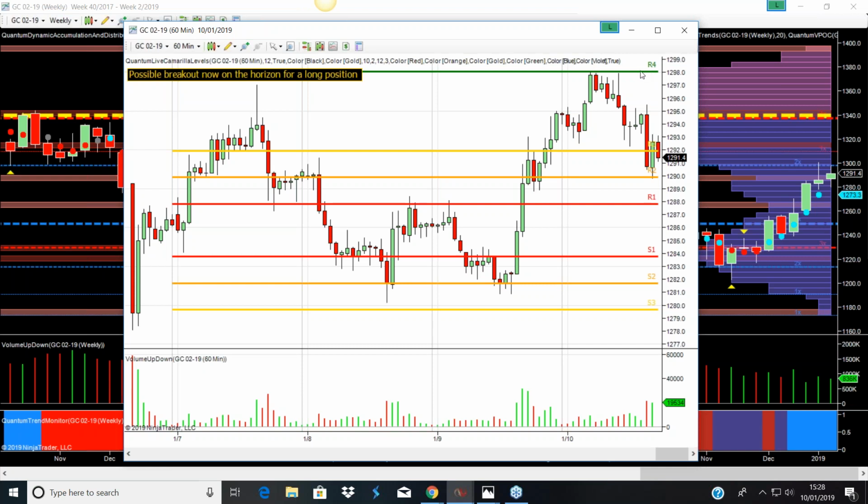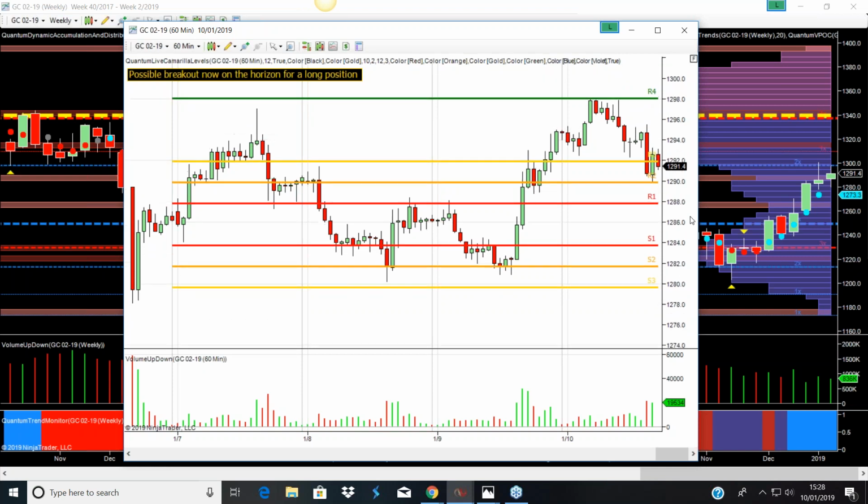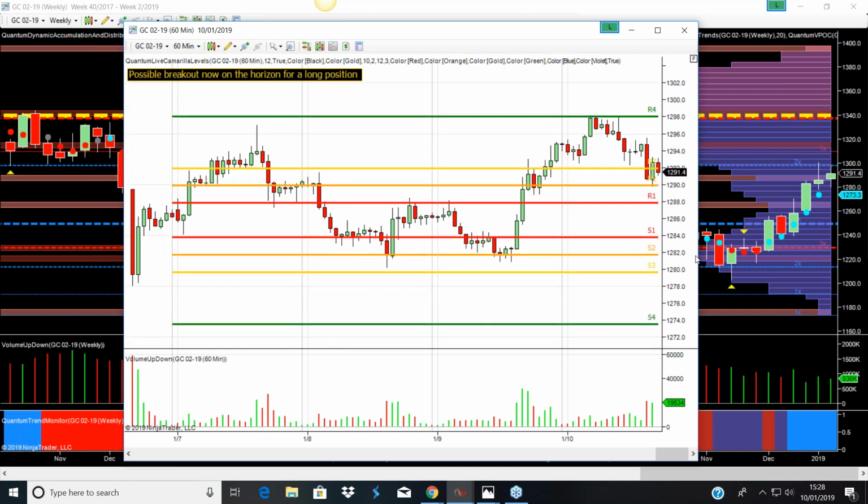And the important thing about the R4 in terms of the Camarilla protocol, if you just have 4 levels, is that for any instrument to continue higher, it must break this level, and it's often said that if it breaks the R4 with good volume, in our opinion, it is considered potentially a valid breakout.